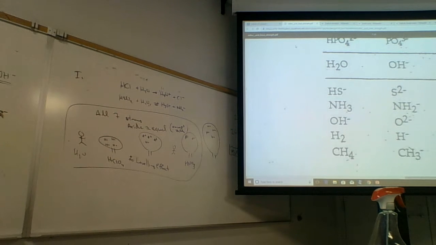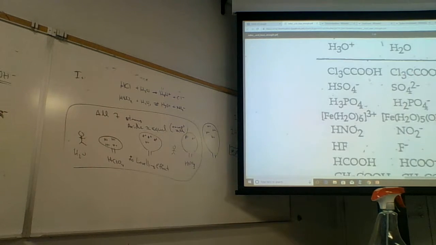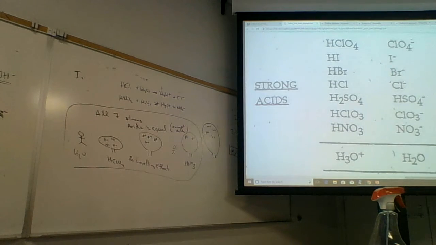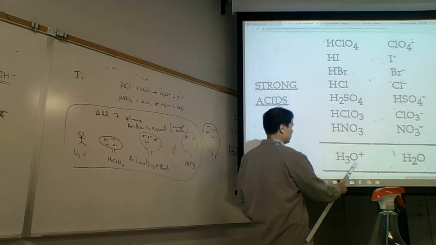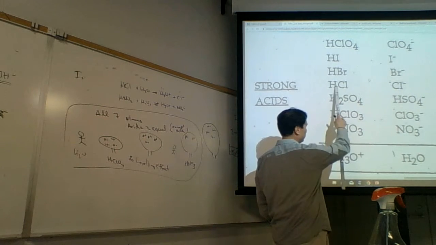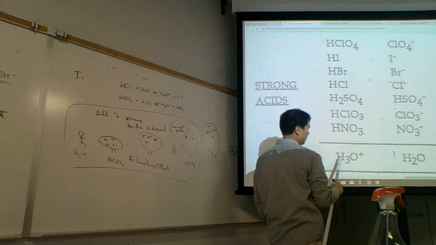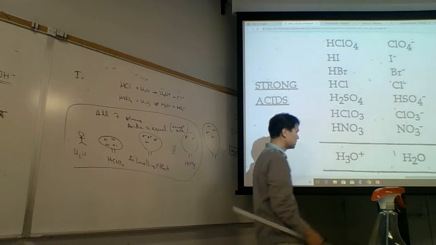And so when we use this chart, the rankings are, this is why we have the border here. The rankings are like this. The strongest acid that can exist in water is hydronium. All these other acids will have been totally plucked clean of their H pluses.